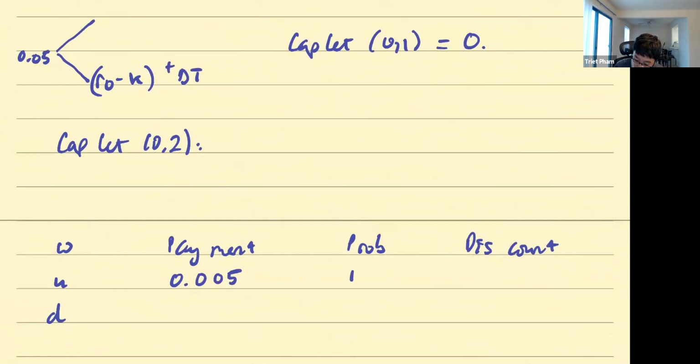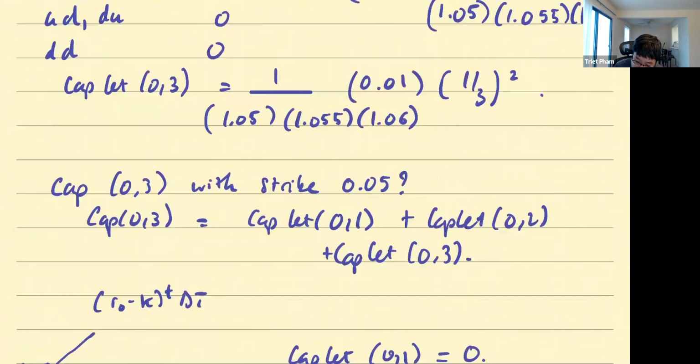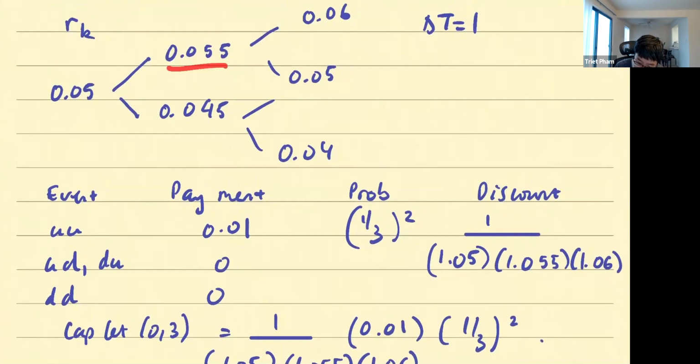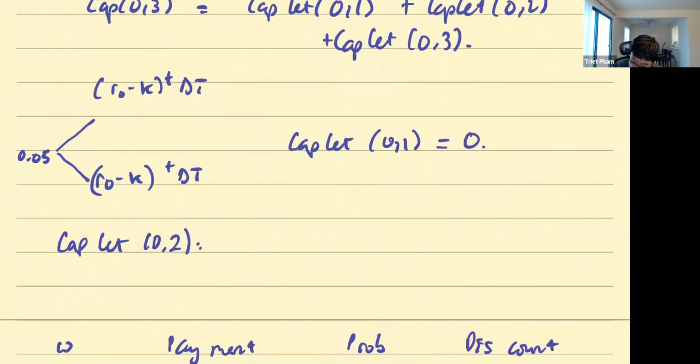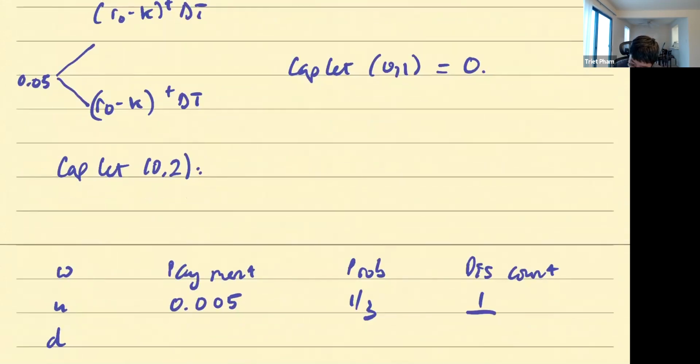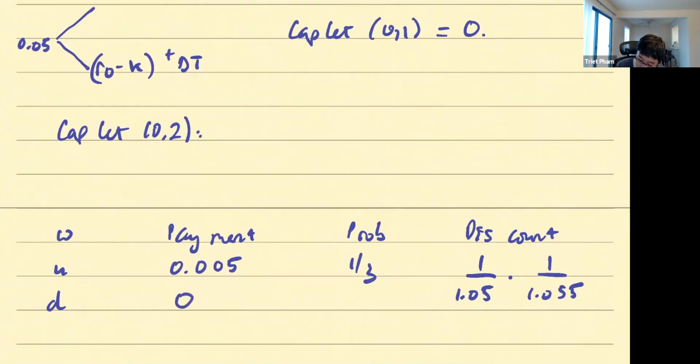And the probability is 1/3. And the discount is 1 over this and this. So there's going to be 1 over 1.05, 1 over 1.055. D, there's no payment, so we don't have to care about that.